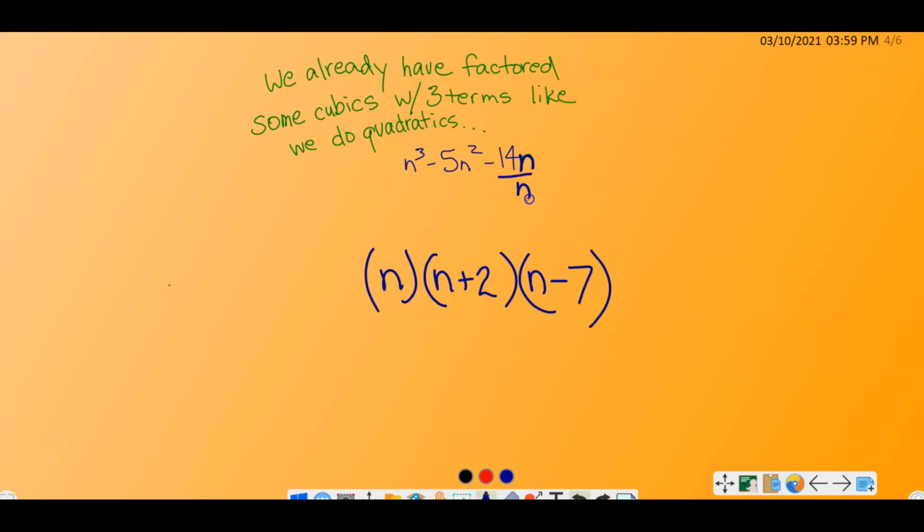So we factored out an n first, right? And then put the n out here. And then we dealt with what we had left for a trinomial, which would have been n squared minus 5n minus 14.